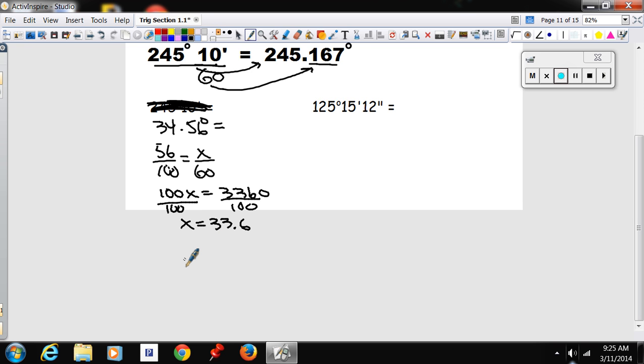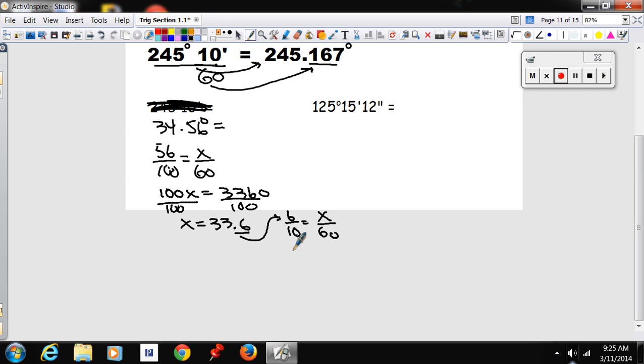So what does that 33.6 represent? That's 33 minutes. But 0.6, I want to change it to seconds. Does that mean it's 6 seconds? No. What does this 0.6 represent? This right here represents 6/10. And I want to know what that would be out of 60 seconds.